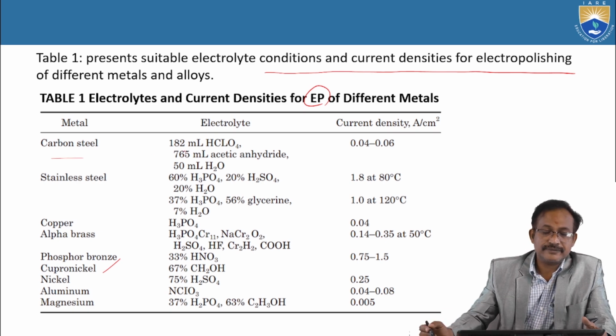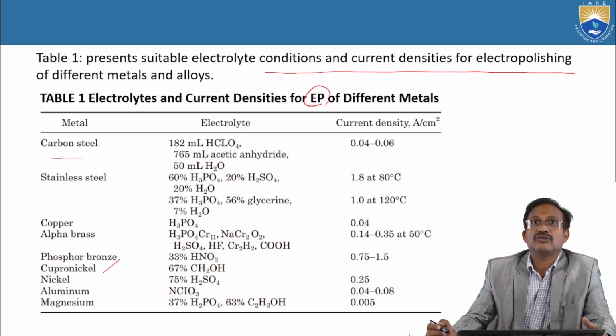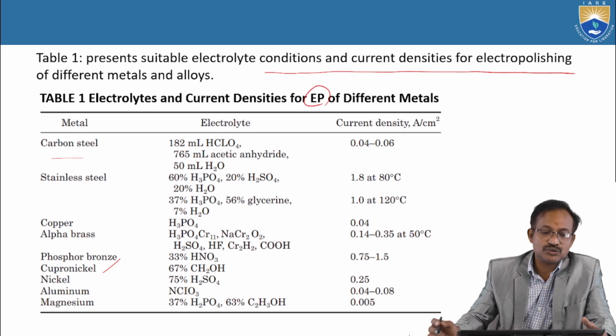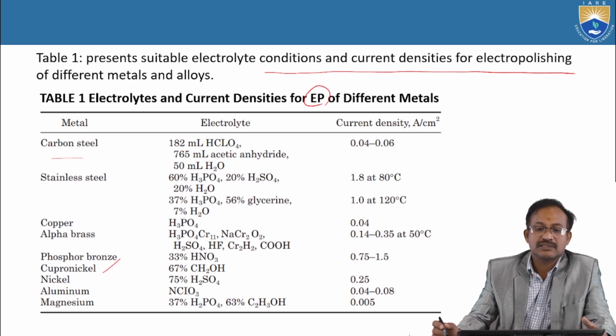For carbon steel, the electrolyte is 182 milliliters of HClO4, 765 ml acetic anhydride, 50 ml of H2O.